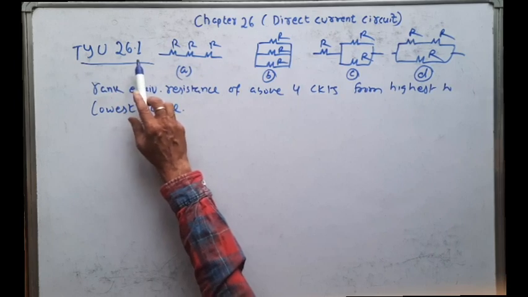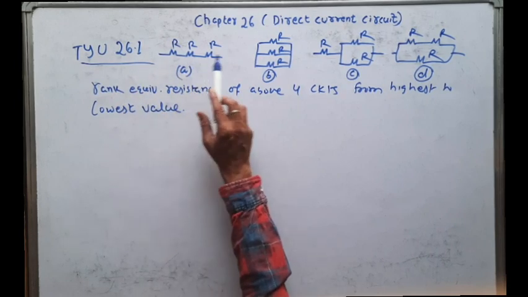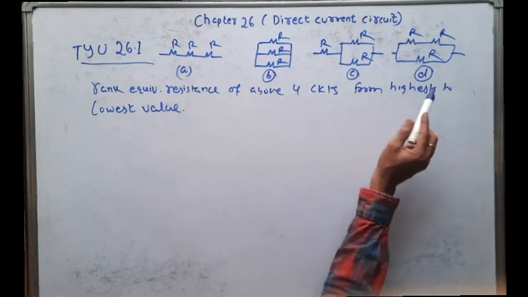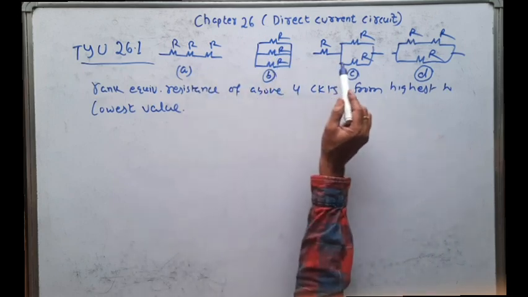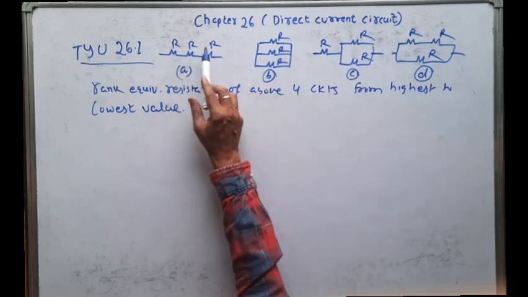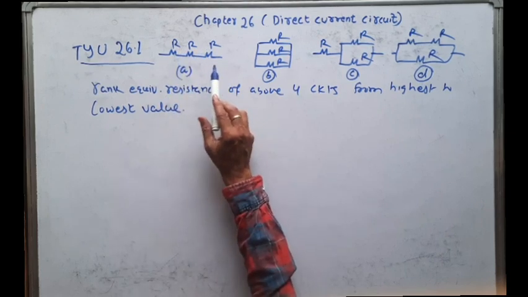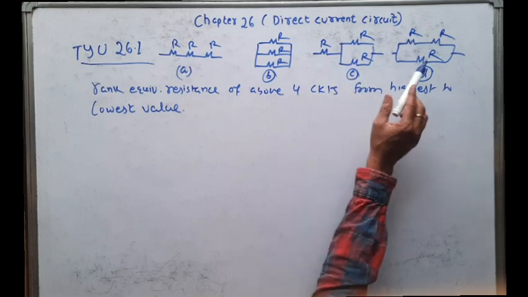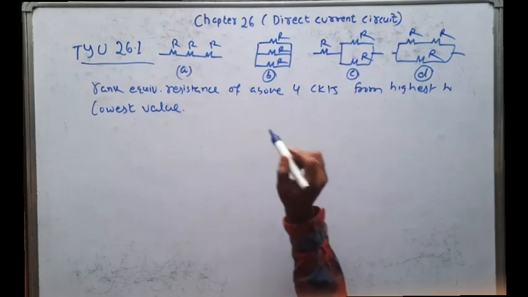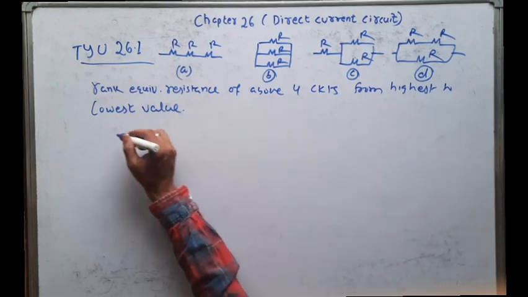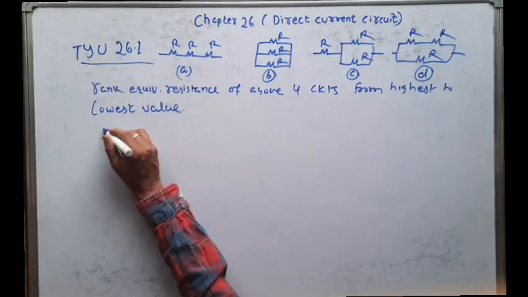Test your understanding 26.1. So there are four circuits A, B, C, D. All the resistors are identical, of resistance value R. So you have to find the equivalent resistance in these four circuits, and you have to rank the equivalent resistance from highest to lowest value. So first we will see the first figure.